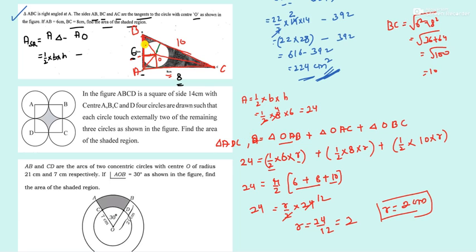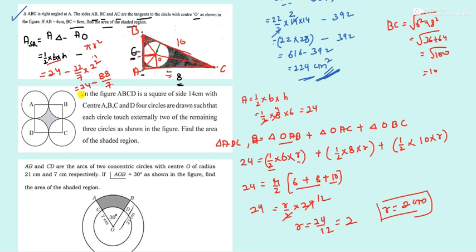Got it? Now we have got the radius. So can we find this? Pi r square. This was 24, we already got, and this is 22 by 7 into 2 square, that is 4. So 24 minus 88 by 7.